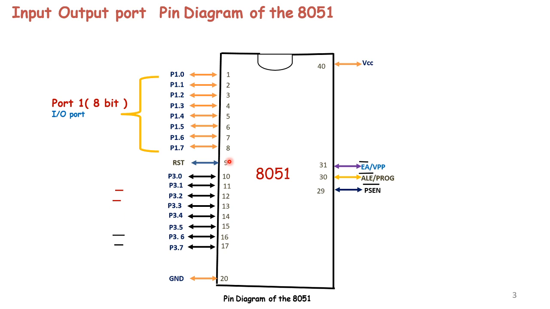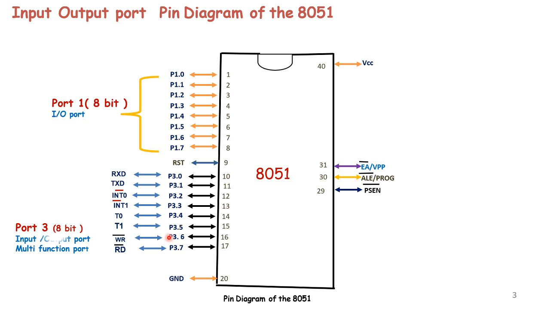Pin number 10 to 17 is reserved for port 3, P30 to P37. It is a multi-function port. So this port 3 is an 8-bit port, which can work as input output port or multi-function port. So these are the multi-functions.